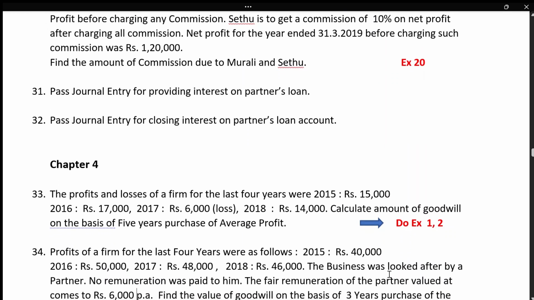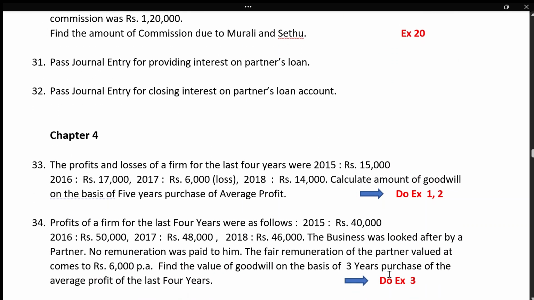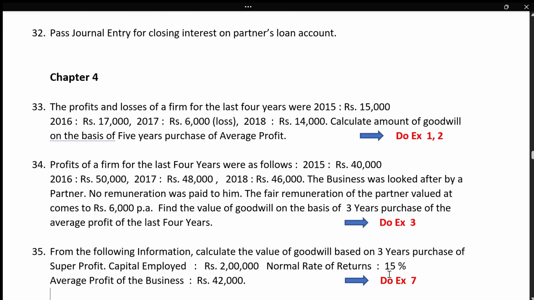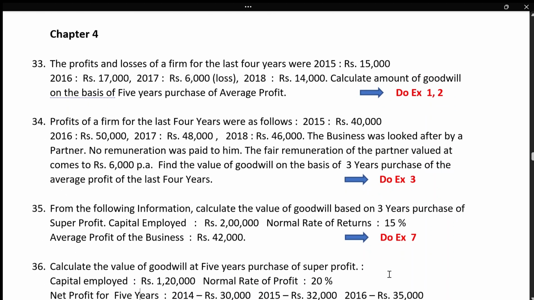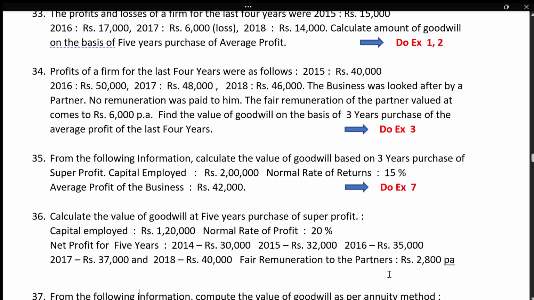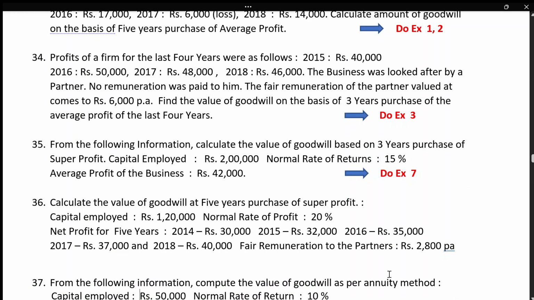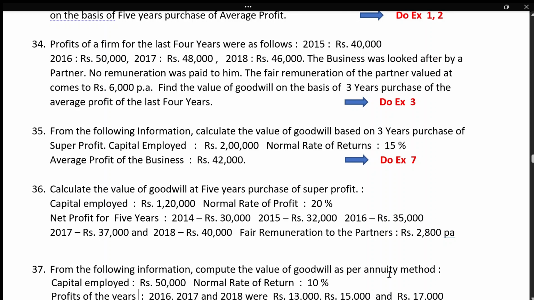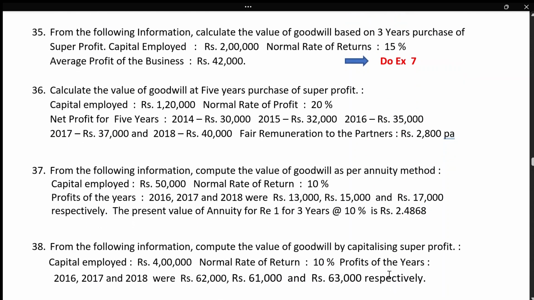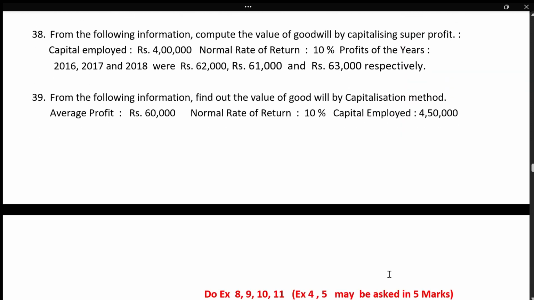And chapter 4, goodwill. Be thorough, work out all 11 sums. Here first, finding the average profit, and here remuneration is given. Next is super profit method with remuneration, and annuity method.